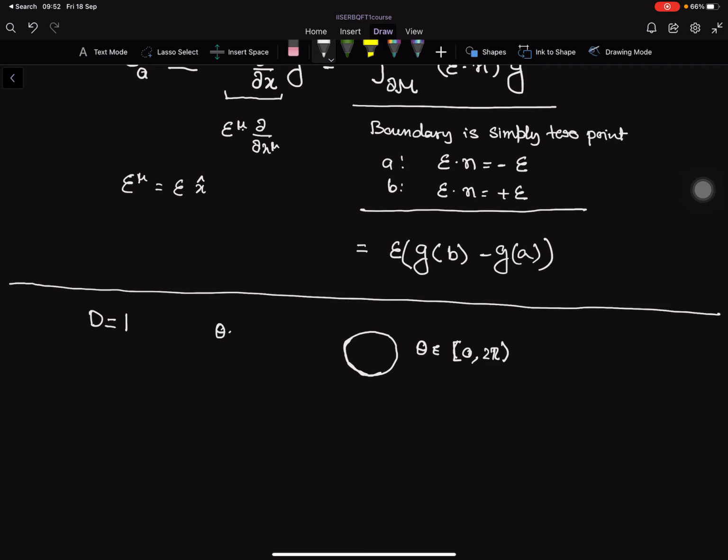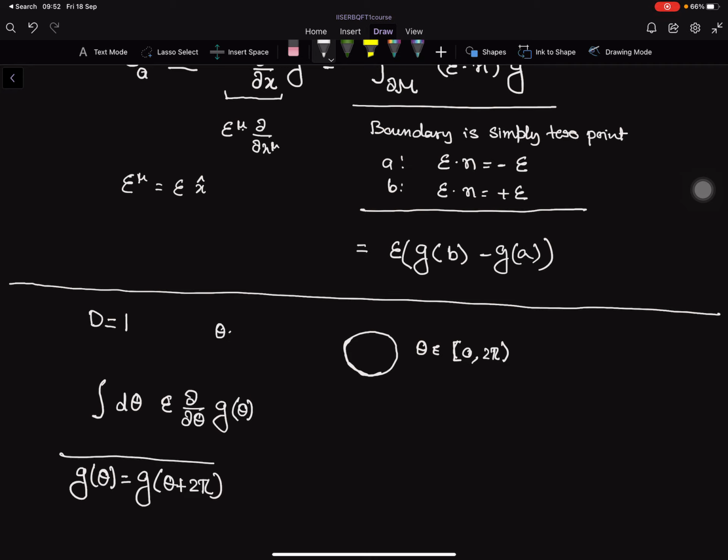Now let's say we are again interested in a computation of something of this form. As per our notation, we are using g of theta, such that g of theta is the same as g of theta plus 2 pi.